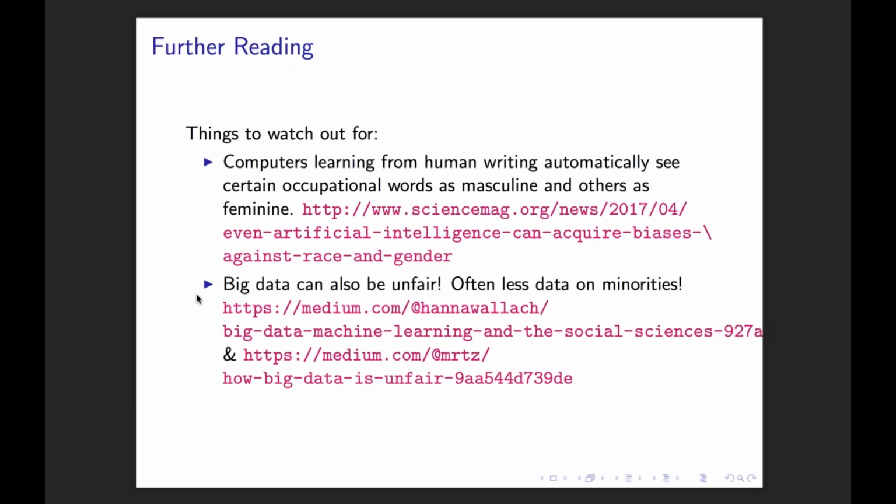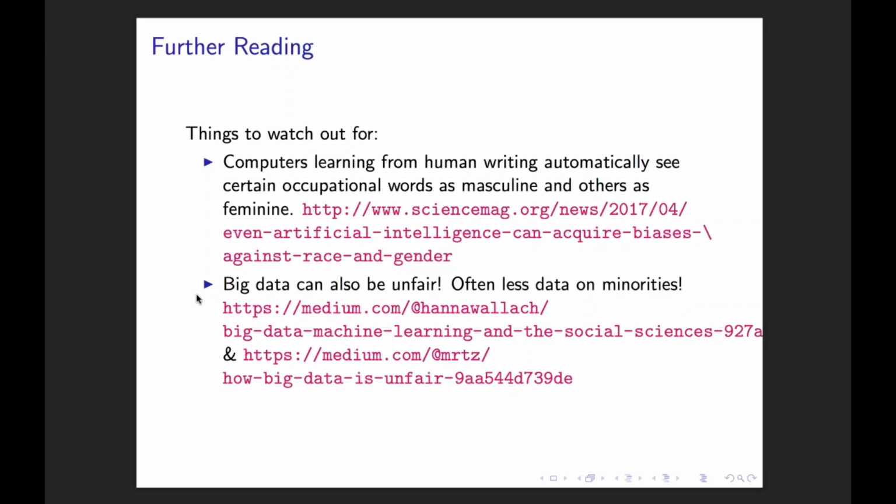There was a recent paper published in the journal Science that shows that machine learning algorithms that learn from text actually begin to associate certain types of occupations with men and other occupations with women, because they adopted the biases that humans ourselves have about race and gender.